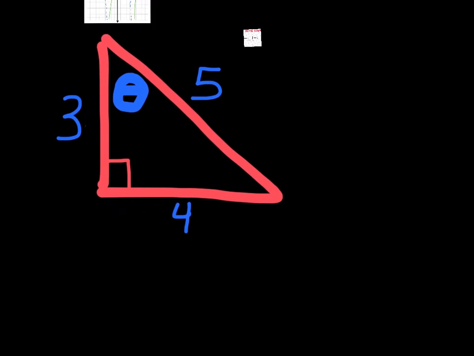Let's call this length 3, this length 4, and this length 5. And we know that this is our right angle. So let's say you want to find the sine of that angle. How would you do that?